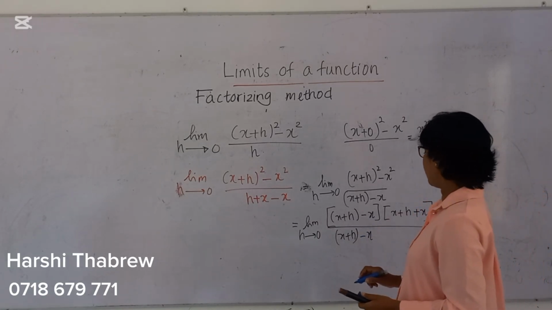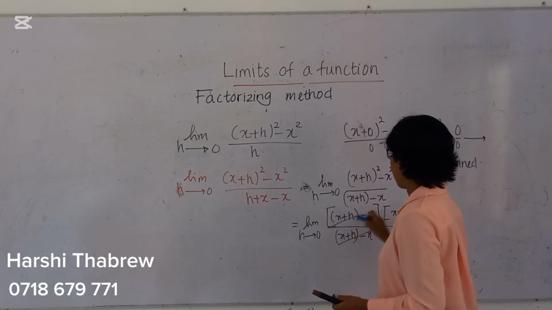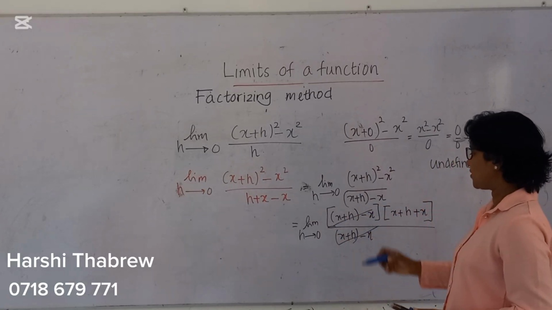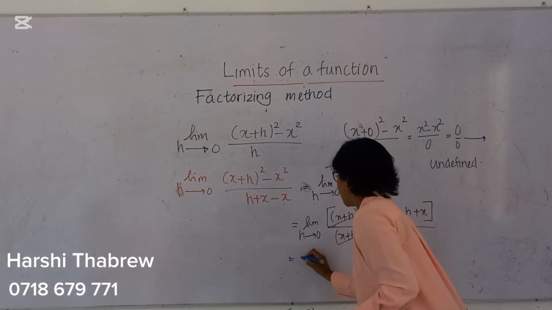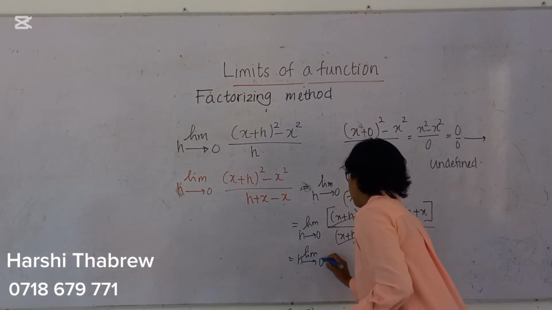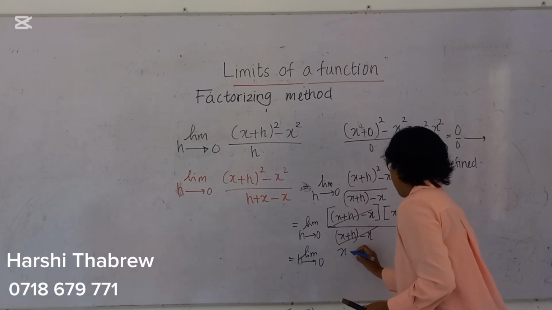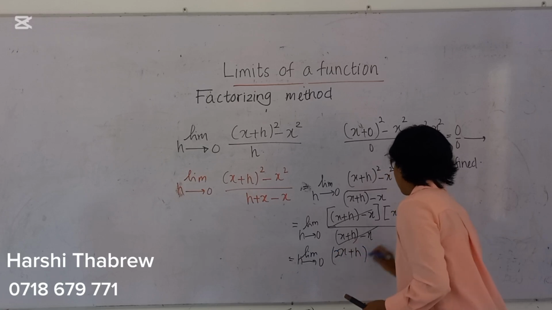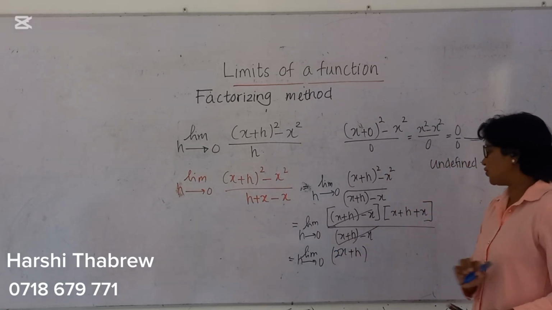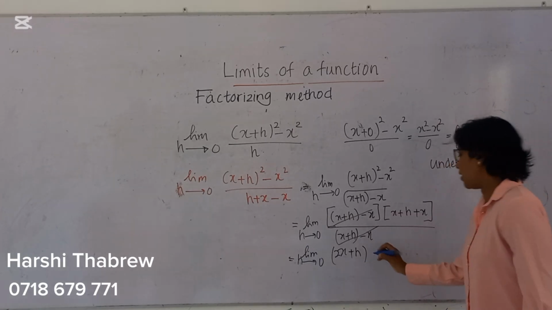So you can cancel these two expressions and you will have to find the limit as h approaches 0 of x plus 2x plus h. 2x plus x is 2x. So this is 0, this becomes 0.